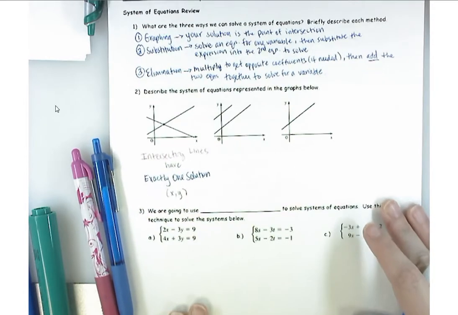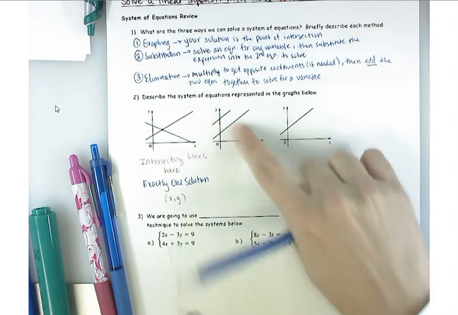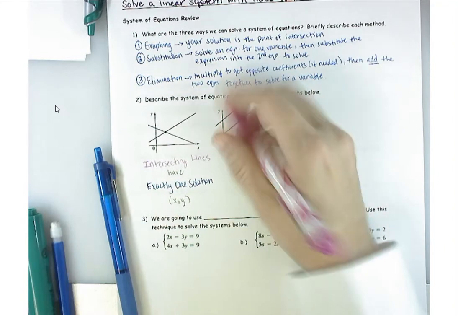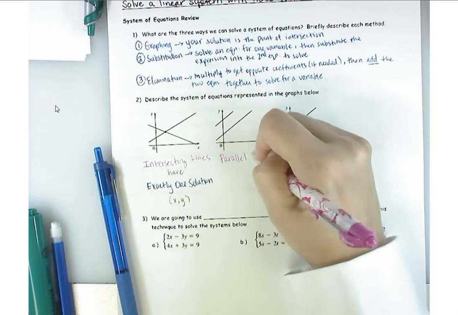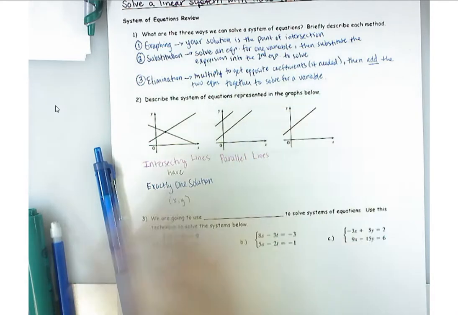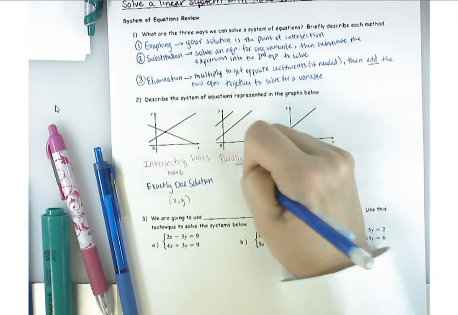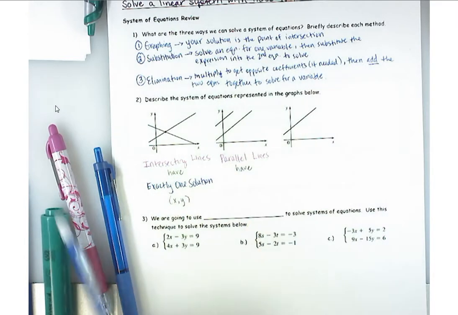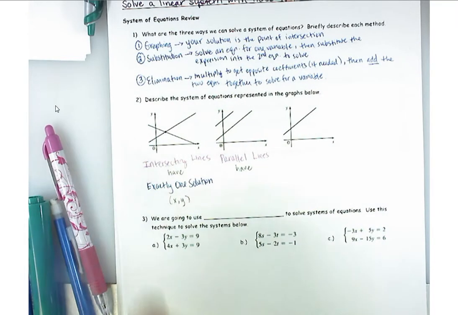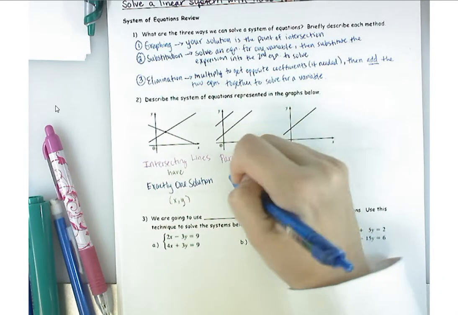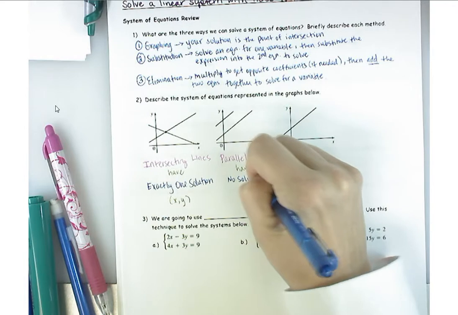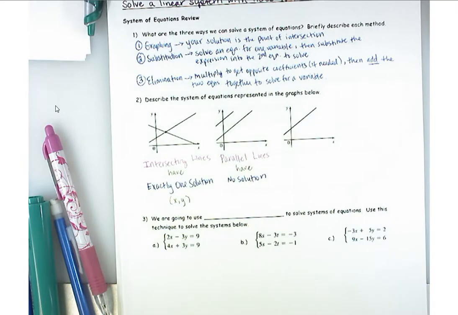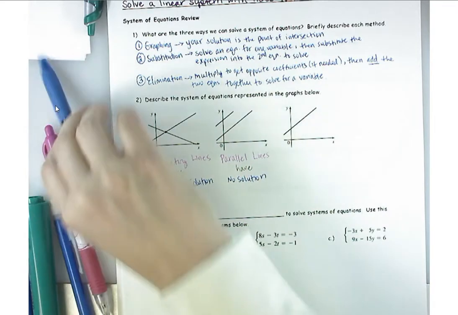Now, what type of lines are these? Parallel. So we have parallel lines, and parallel lines have what type of solution? No solution. And we have another word for this. So if you have parallel lines, they have no solution.